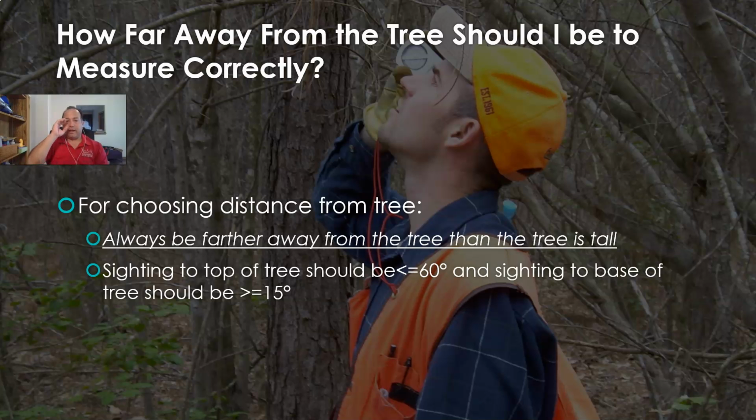You want to be looking out. So if I turn myself to the side, I want to be looking out. I want to look up. I want to look down. But I don't want to be looking all the way up or all the way down, because the farther you go on the scale with the clinometer, the less accuracy it has.